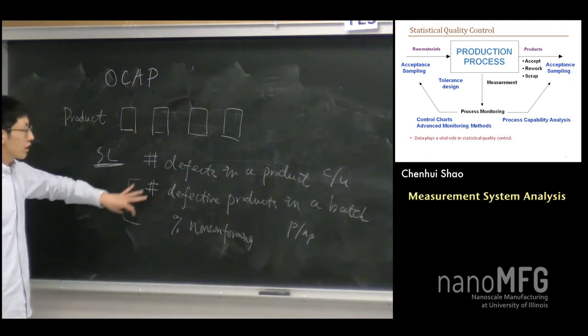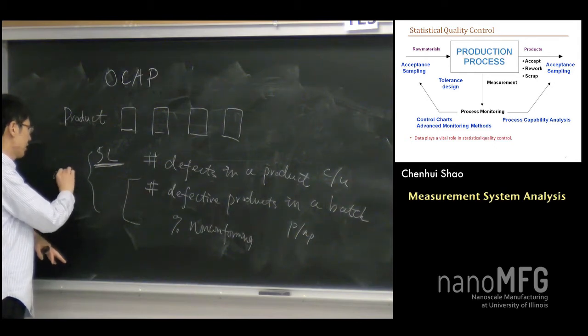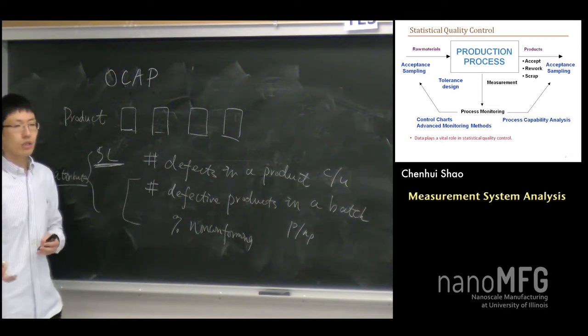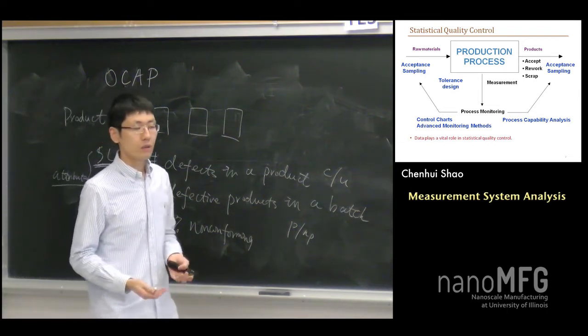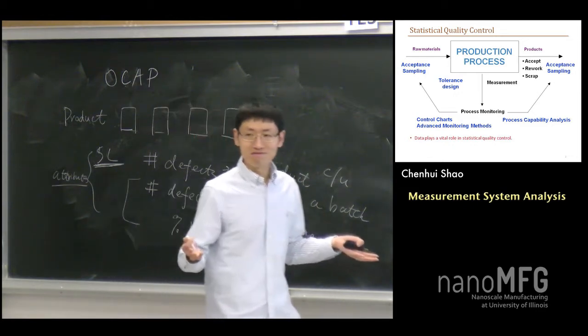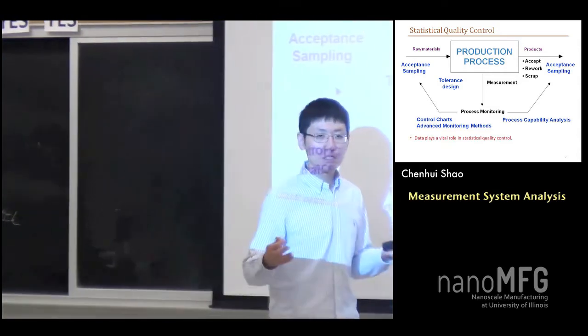Okay. So all of these are attributes, right? There's another category of variables we want to monitor, which is continuous variables. Do we have a name for that type of variables?